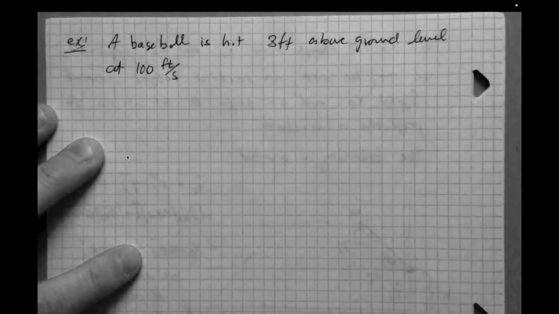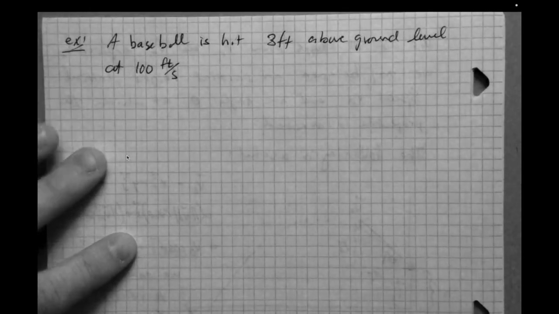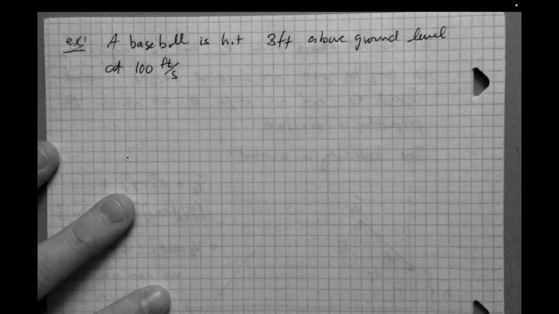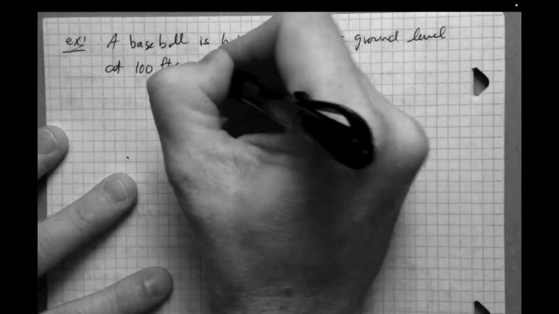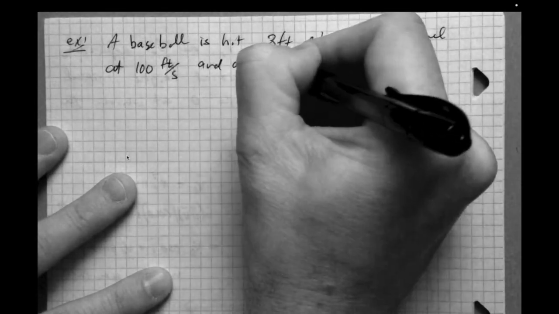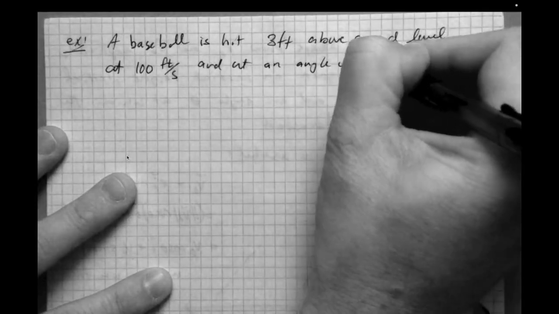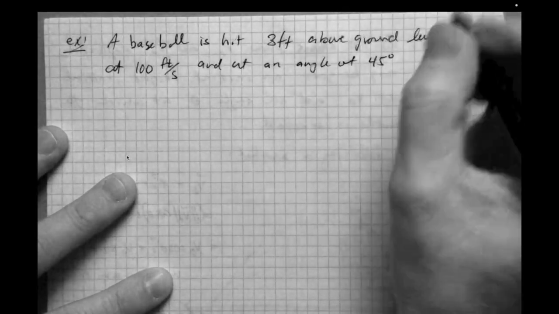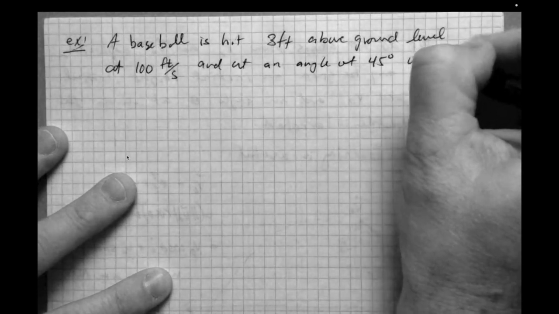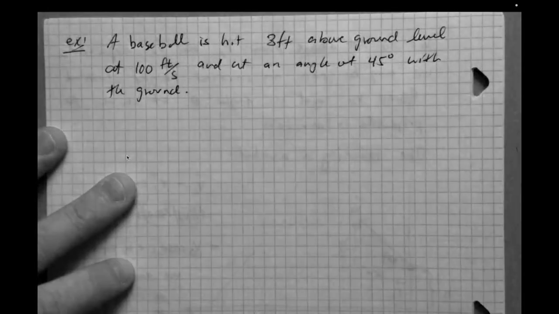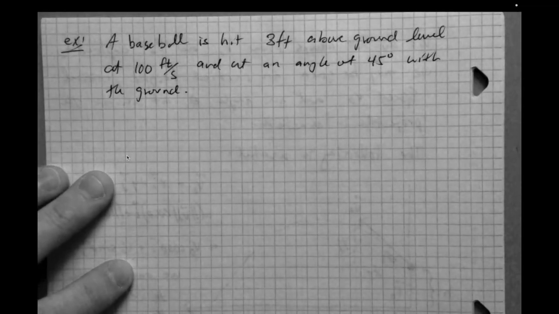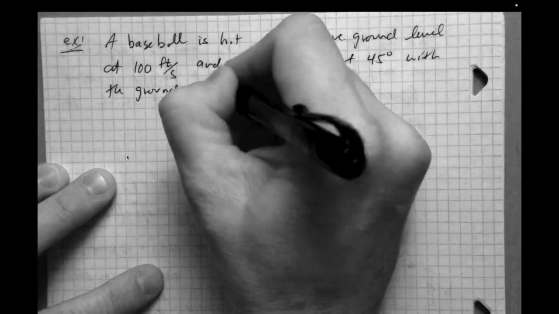I have no idea if that's realistic or not, but that's the problem. So a baseball is hit 3 feet above ground level at 100 feet per second and at an angle of 45 degrees with the ground. Find the maximum height reached by the baseball.